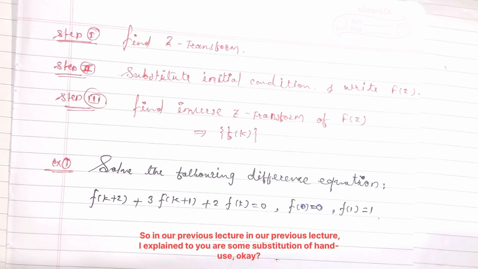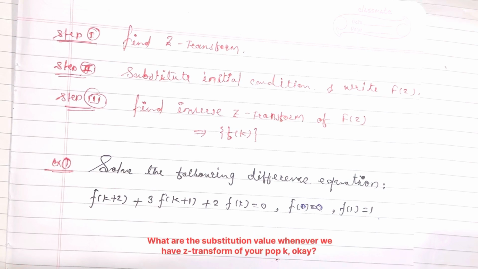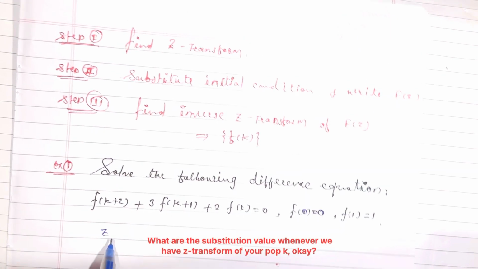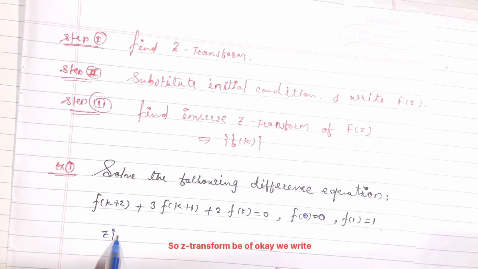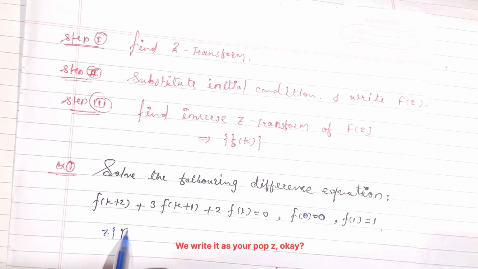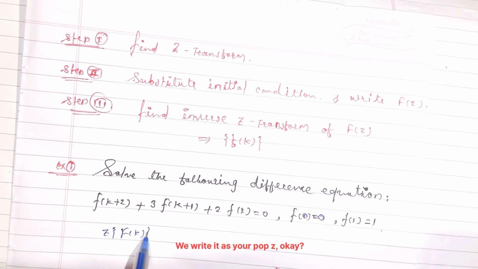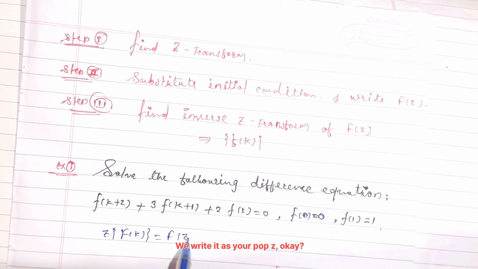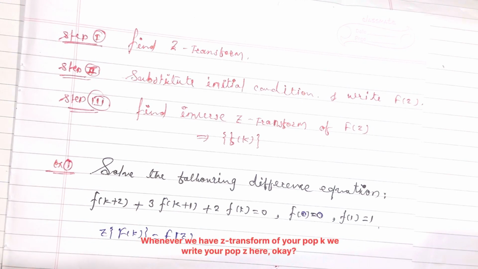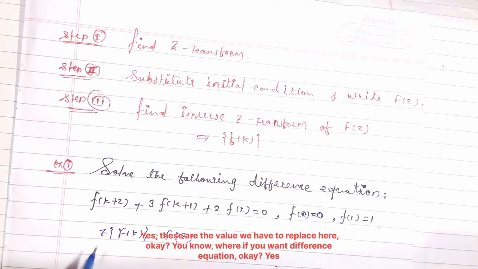In our previous lecture, I explained some substitution values. Whenever we have the Z transform of f of k, we write it as F of z. These are the values we have to replace in our given difference equation.